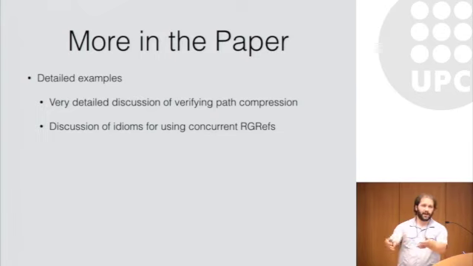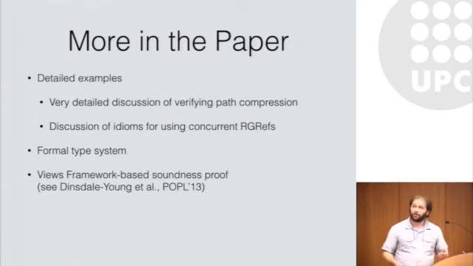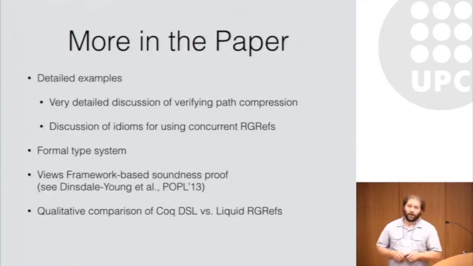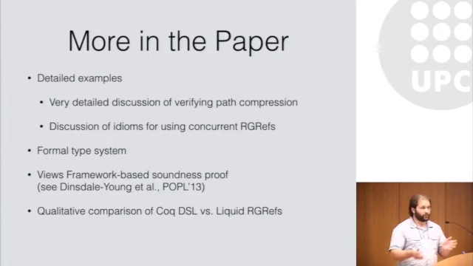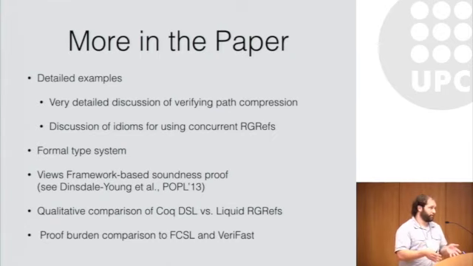So this accumulating path invariant is just one of them that we came across. Of course, we also have details on the formal type system. We have a soundness proof, as well as a qualitative comparison looking at the differences between developing with the Coq DSL or the automated form with Liquid rely guarantee references, and also looking at proof burden.